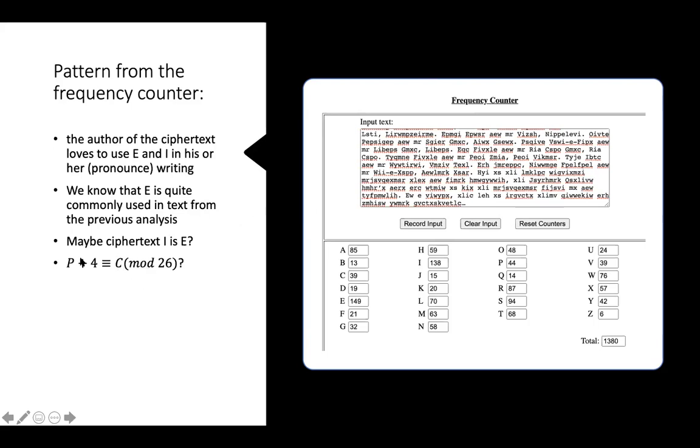So we know that P plus 4 is congruent to C mod 26. Mod 26 because we have 26 letters in the alphabet, and we are making a guess that the ciphertext I is E in the plain text. That means shifting the whole alphabet 4 places afterwards. So yeah, let's try that.